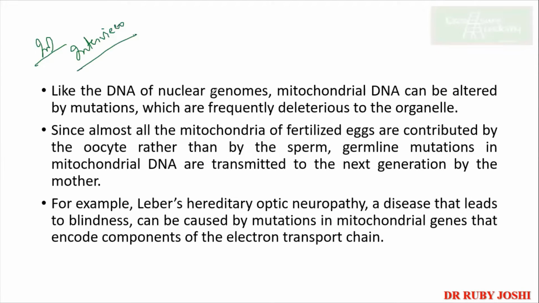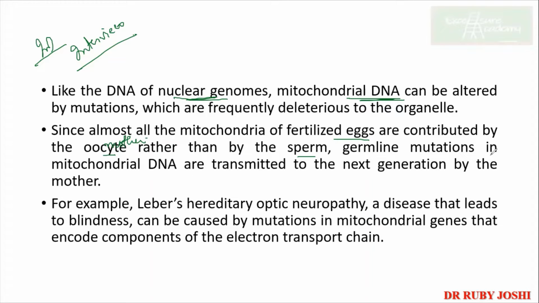Like the DNA of the nuclear genome, mitochondrial DNA can be altered by mutations which are frequently deleterious to the organelle. So as you can have mutations in the nuclear genome, in the same way you can have mutations in the mitochondrial DNA. All the mitochondria of the fertilized egg are contributed by the oocyte, that is, from the mother only, rather than by the sperm.